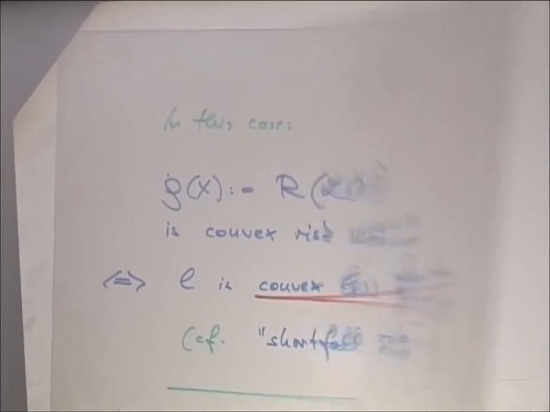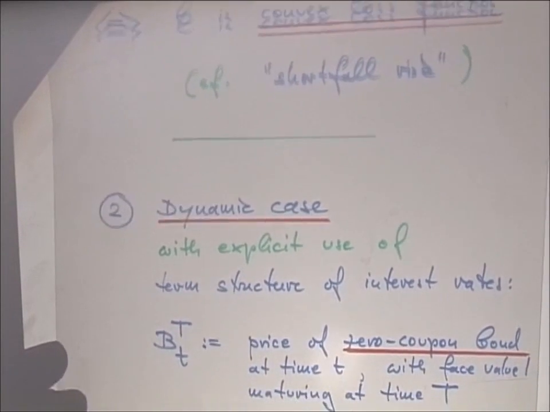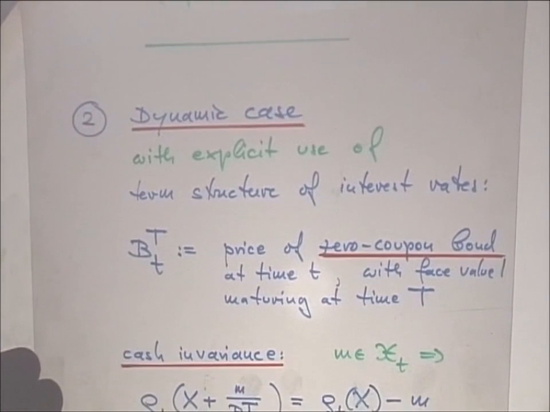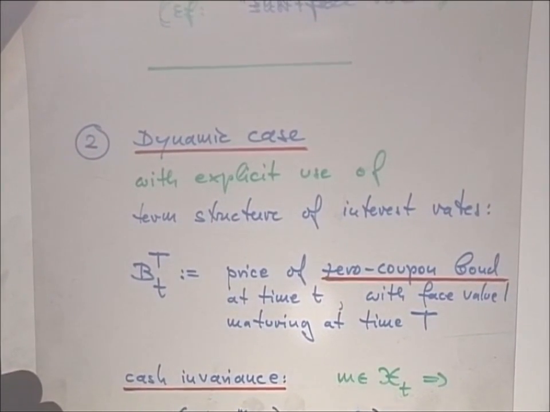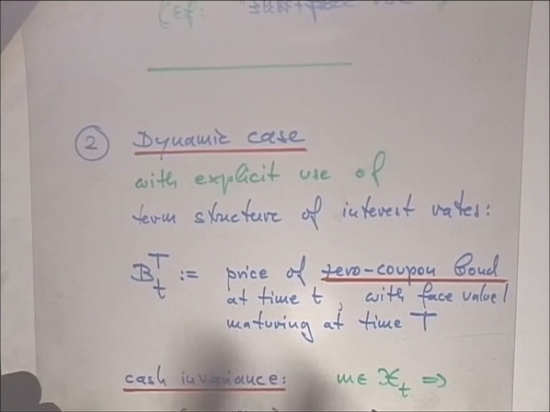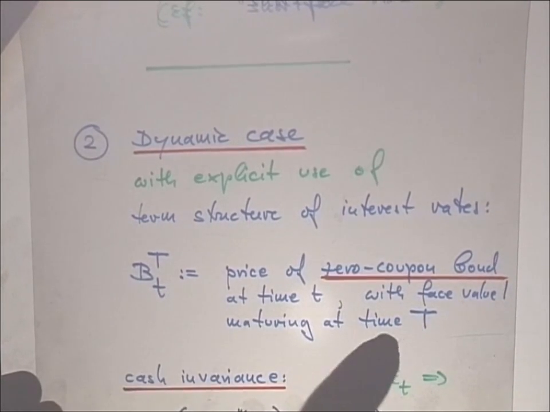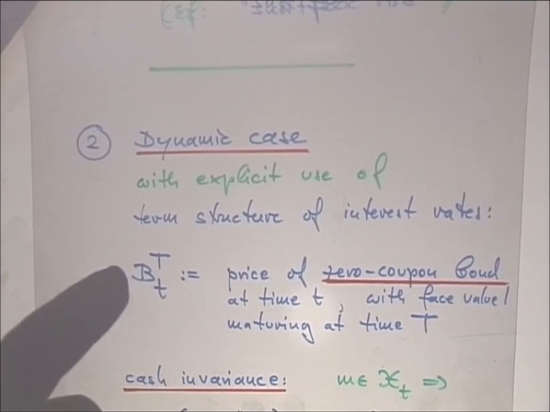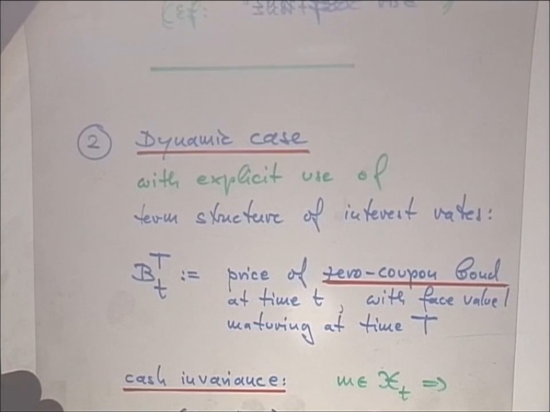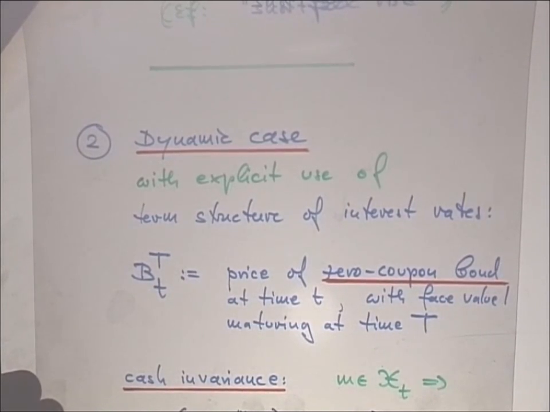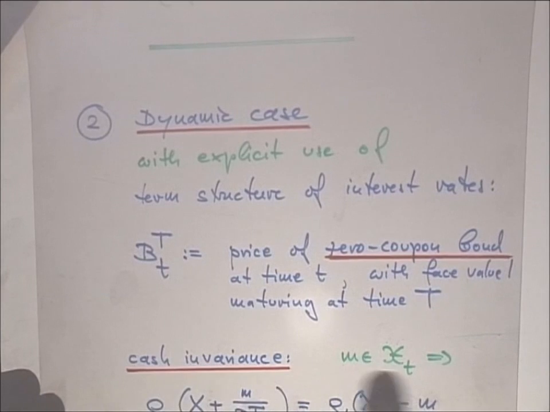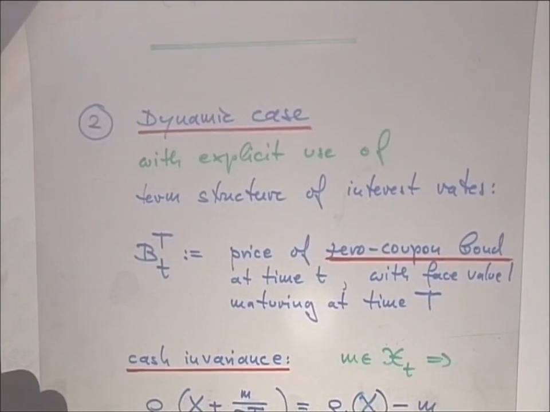Now the dynamic case. Here I have written it, for a change, with explicit use of the term structure of interest rates. So far we don't see it because we have always discounted, but now let's bring it out. So we have zero coupon bonds, with price at time little t denoted B_t^T, for a zero coupon bond which will pay face value 1 at the maturity big T. If we spell it out this way, cash invariance for the non-discounted quantities would look like this.